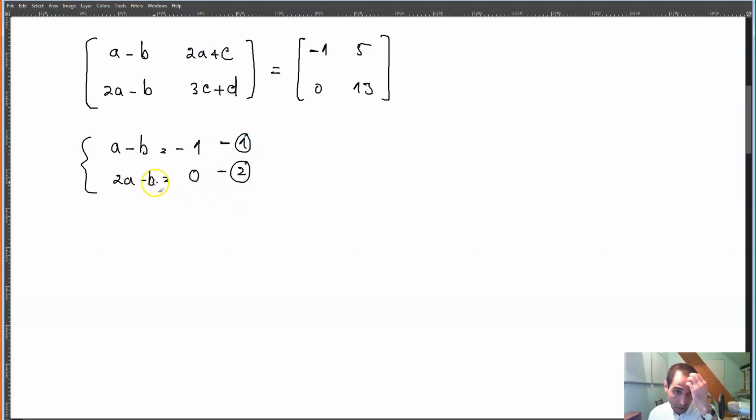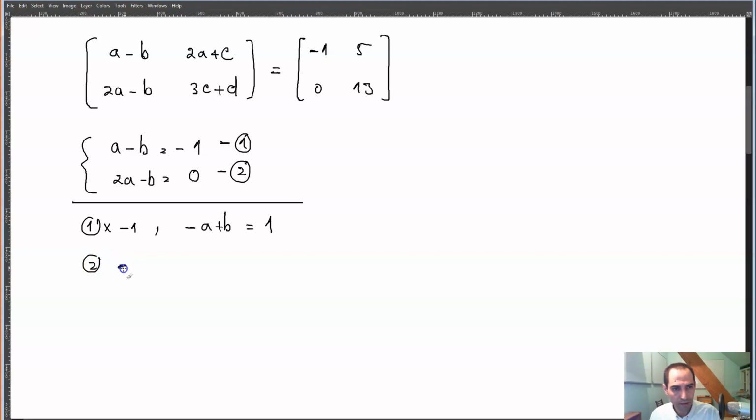And then to eliminate b, I can multiply any of these equations by a negative 1. For example, 1 times negative 1, we have negative a plus b is equal to positive 1, and then I write 2 as it is. So that would be 2a minus b is equal to 0, then b will be eliminated.